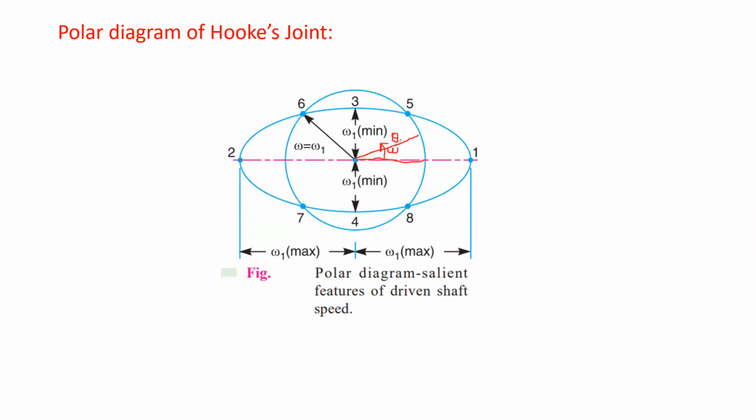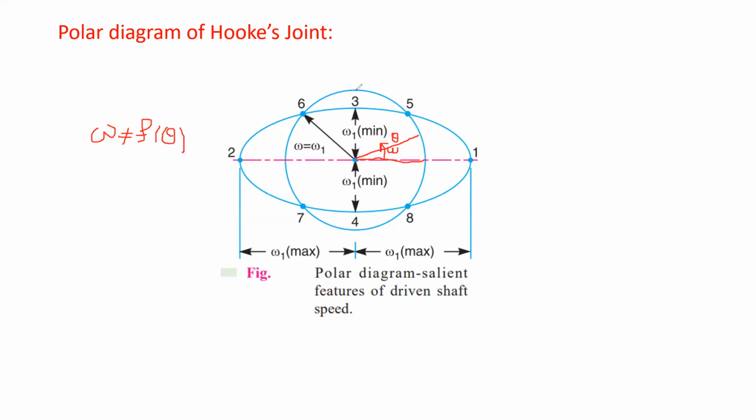So the radius of this circle will be constant. You will show the angular velocity at that angle with the required length. This length is proportional to the value of angular velocity. You already know that omega is not a function of theta, which means it is constant with respect to theta.